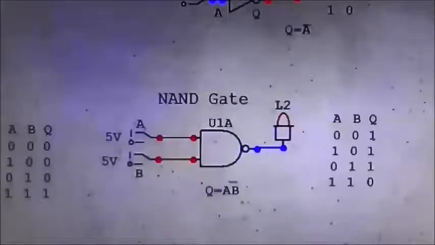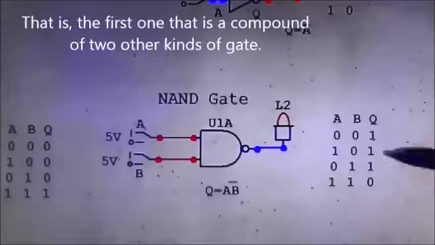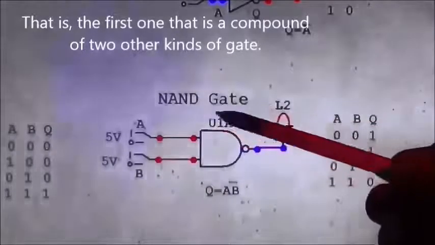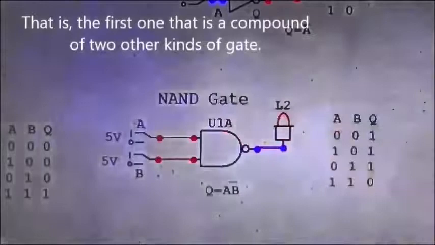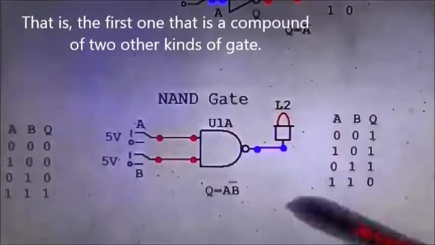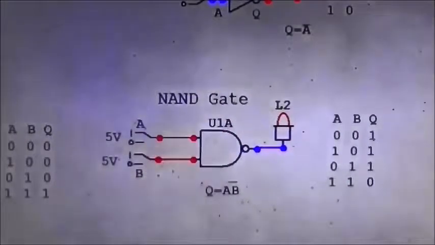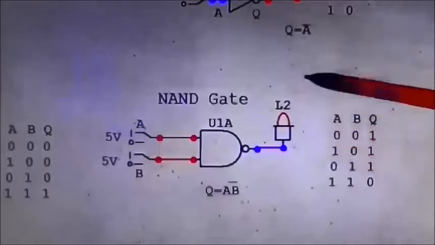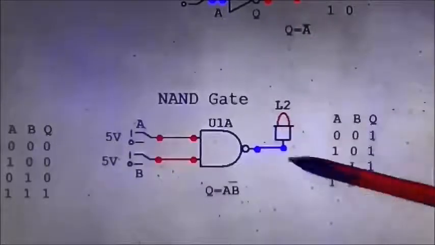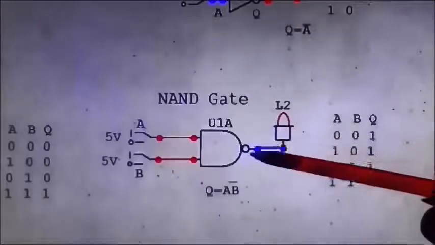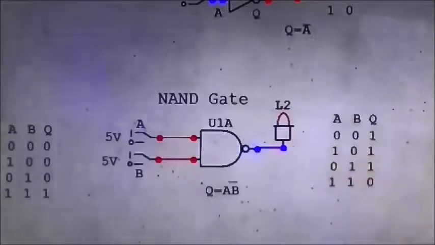Now, I mentioned a while ago that there are only 3 kinds of gate in reality, and this is the example of the first one. This is a NAND gate, a NOT AND gate, and basically it's an AND gate, as we saw before, with a NOT gate stuck at the output, and this little bubble here is the inverter bubble and tells you that that is a NOT output.